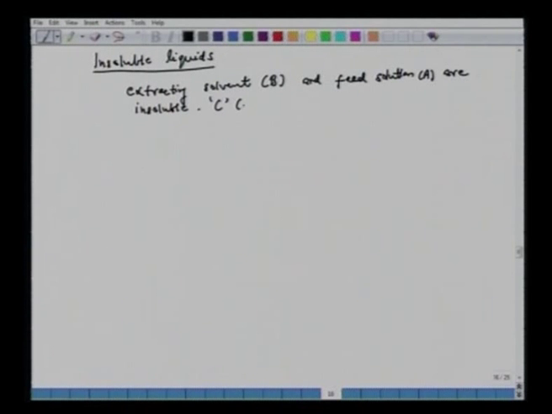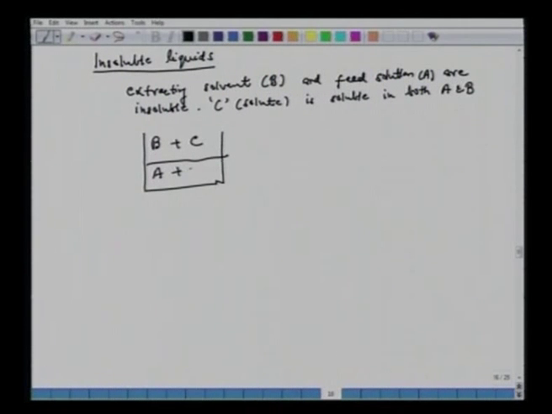And C, which is the solute, is soluble in both A and B. So in other words, if we have feed A and we bring it in contact with solvent B, then at equilibrium we will have A plus C here and B plus C here. C is the transferring component. A and B are immiscible, or they are insoluble liquids.